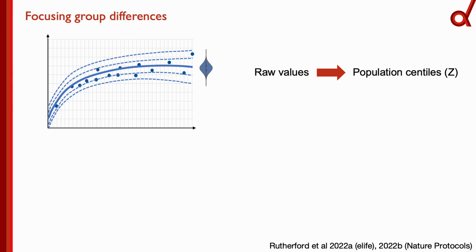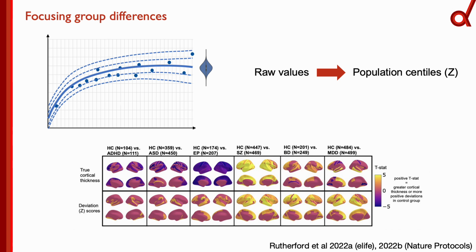Now, the benefit of this approach is that it effectively focuses the differences, because we're understanding differences with respect to population centiles, and we can account for all this variation, potentially non-linear variation across the cohort, and it provides us with more sensitive inferences. And again, this is work from Sage Rutherford that shows this quite clearly across a number of different disorders. We see a substantial increase in the magnitude of the effects relative to the raw data. And this is an important feature of normative modeling.